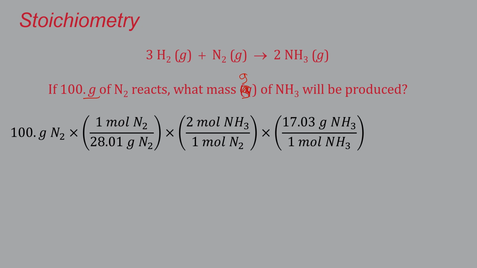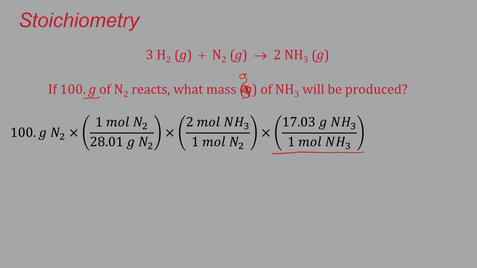And that's going to be this one right here, which is the molar mass of the second component, in this case the ammonia. So I've got my 100 grams. So this operation up to this point would give me an amount of N2. The operation up to this point would give me the amount of NH3, and then after here, this one will give me the mass of the NH3.